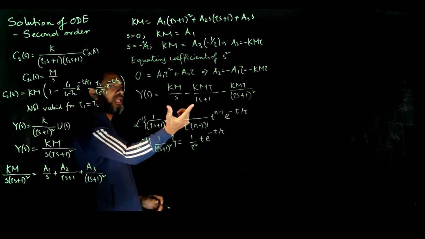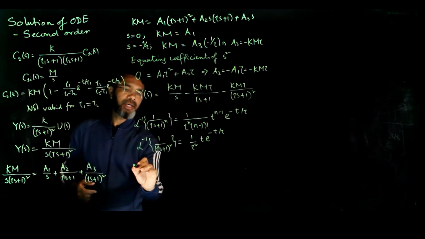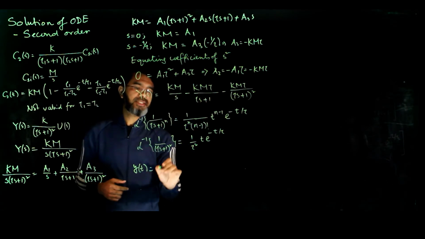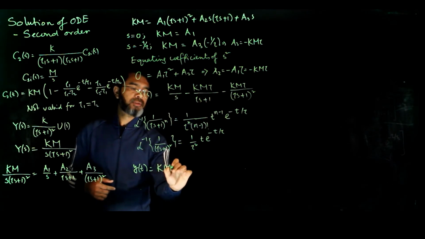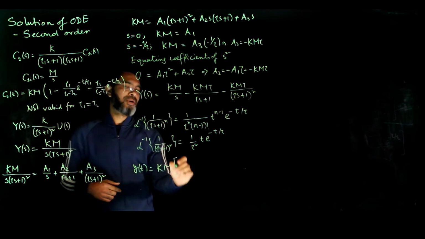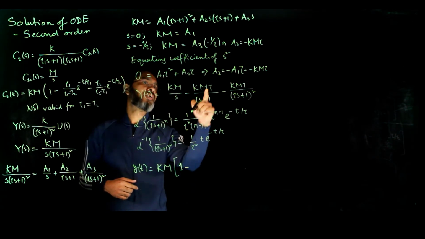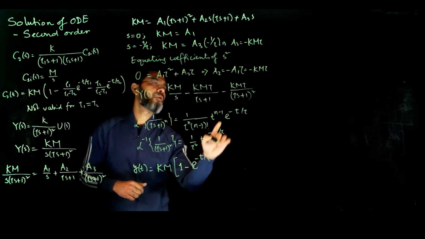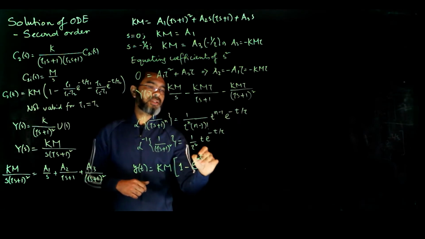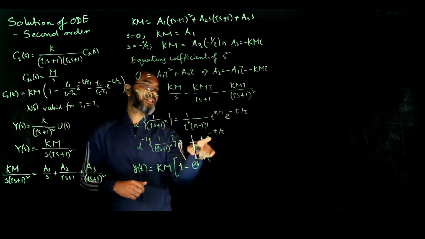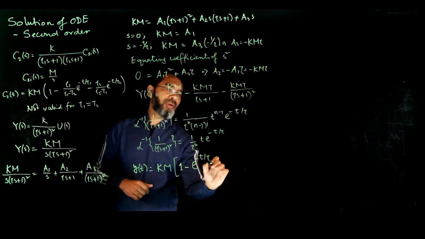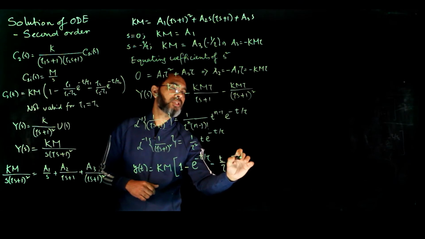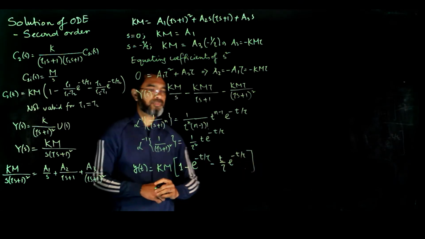So now if we take the inverse Laplace of this entire expression, we'll end up getting y(t), with km being there in each term, so we take it out. The inverse of the second term will be minus e to the power negative t over tau, and the last term, 1 over tau squared t e to the negative t over tau, will end up being t over tau e to the negative t over tau.